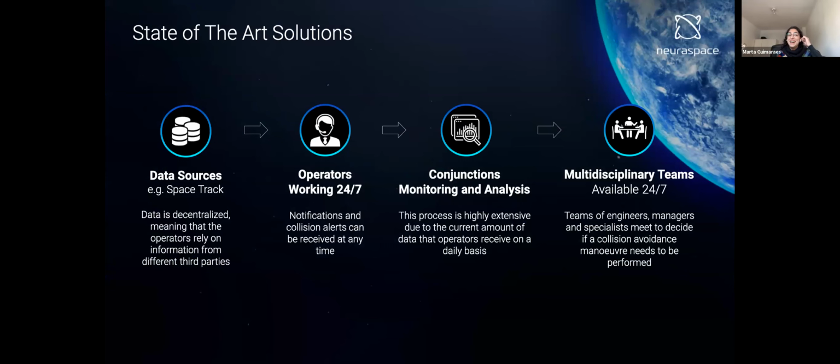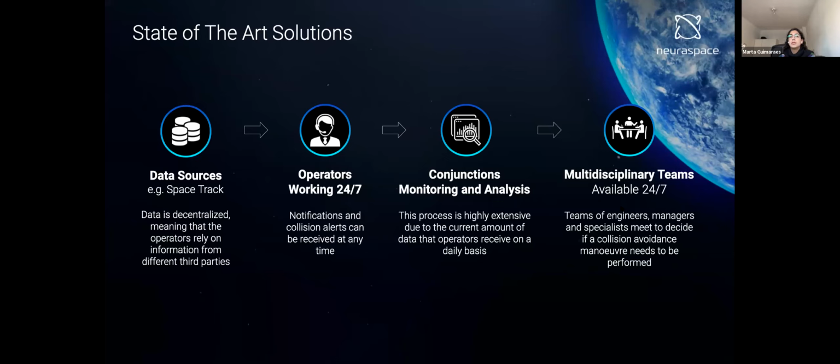Okay, thanks. So our goal is to tackle the challenges of the current solution, that is reliability, operational workload, and, of course, decision-making time. And these are the pillars of the collision avoidance decision-making process. And without a robust, scalable, efficient, and coherent aggregation of all these topics, it's almost impossible to automate this process.